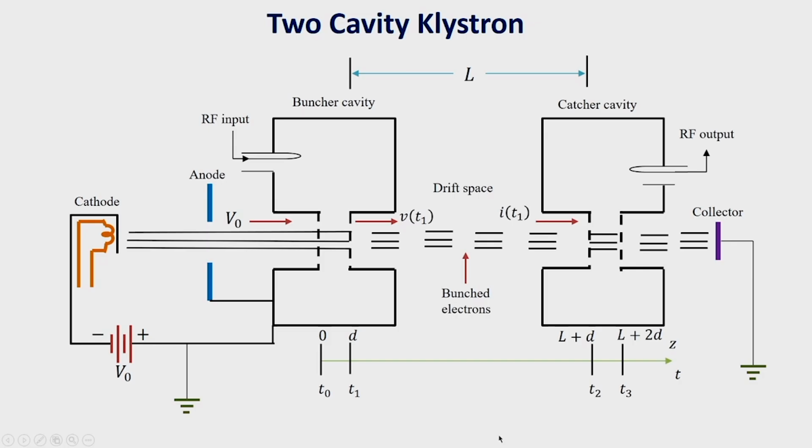So, let us first see the operation of this type of tube in brief, and how the transit time effect is utilized here for producing velocity modulation of the electrons.